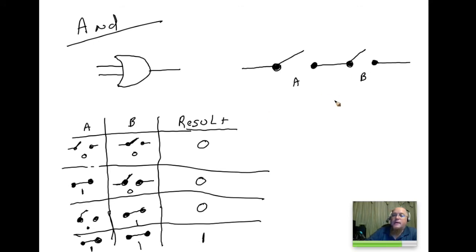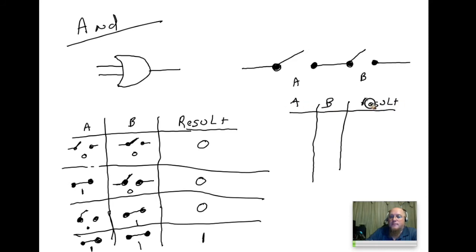Now the truth table is the same thing. So A, B, result. If A is false and B is false, the result is false.